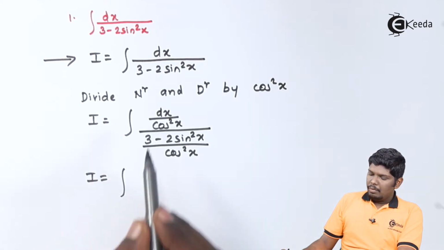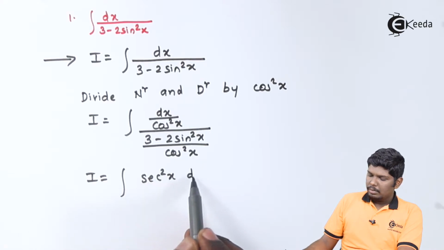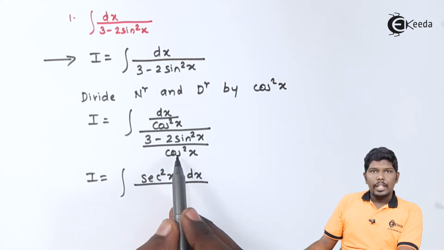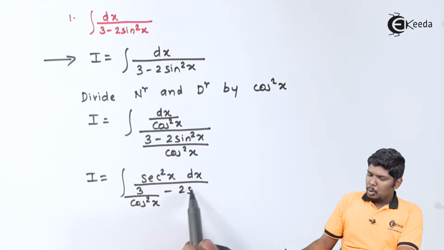As you can see, we have 1 upon cos square x, that is sec square x. And this cos square x can be separated to both the terms, that will give you 3 upon cos square x minus 2 sin square x upon cos square x.